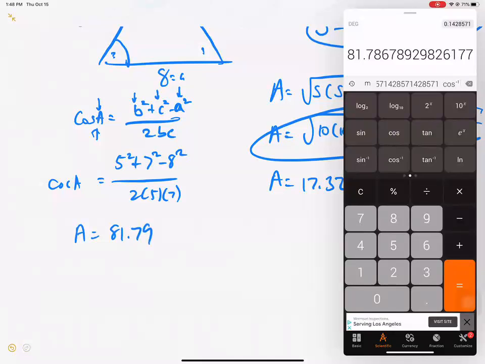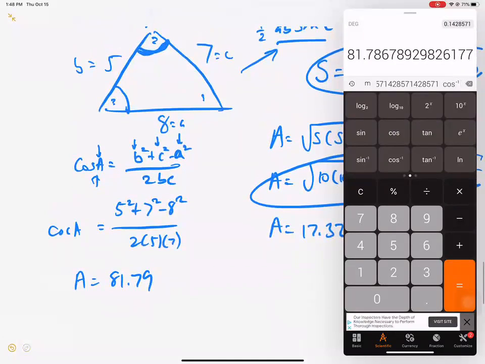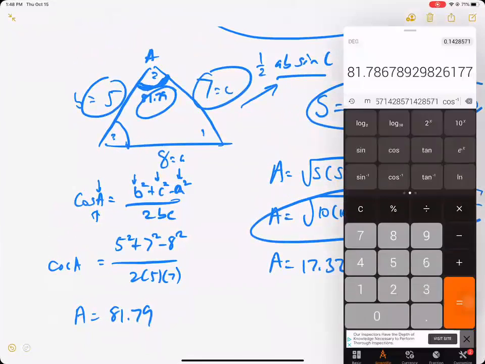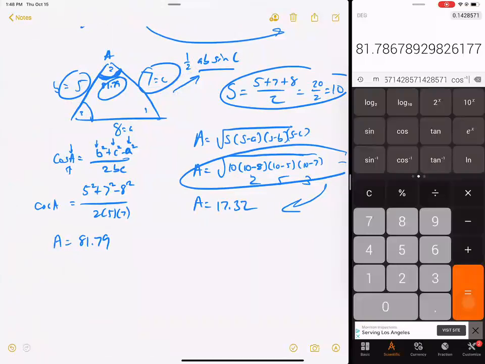Now, my bet is that if I do my sine rule now, okay, let me show you guys here. This is 81.79. So SAS, we can use our sine formula, okay? We can use our sine formula. So let's set this up.